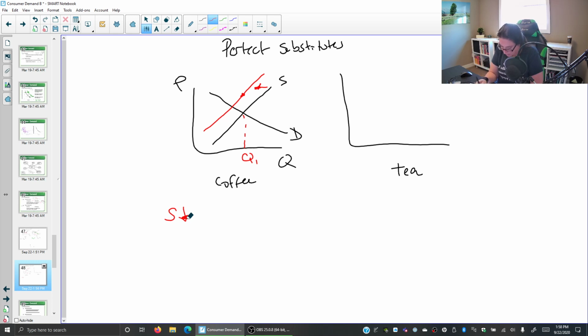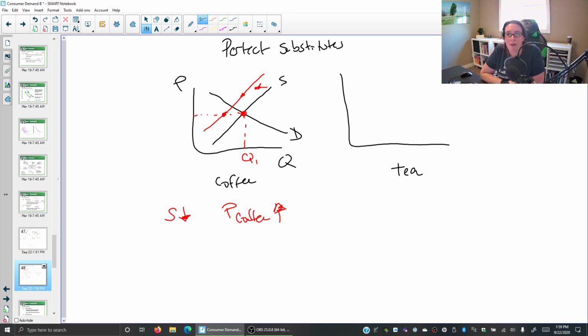At the current price, the quantity supplied, the amount the businesses are able to produce, is less than the quantity demanded, the amount the customers want. Here we have a shortage. Customers want more than there is, so they're fighting each other for that coffee, and it's driving up the price. So the price of coffee goes up.